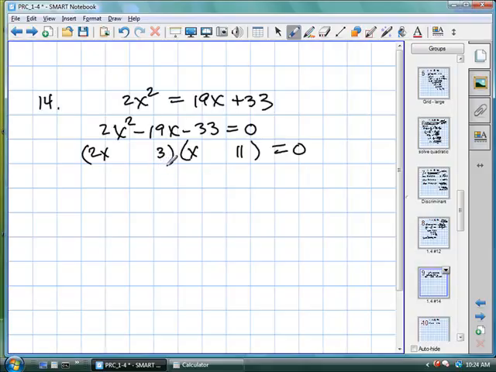And then I need this to be negative and this to be positive, because then it's plus 3x minus 22x. We got it. Now, set each factor equal to 0, so it actually becomes 2 problems now, side by side. And then solve each one.